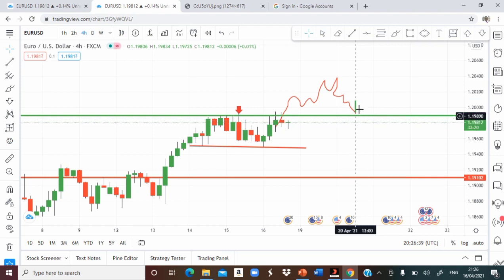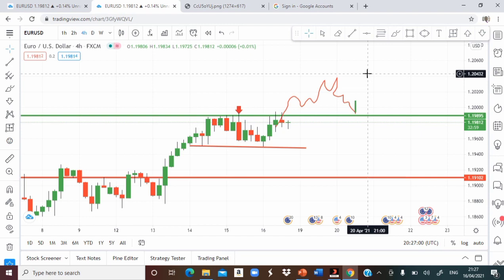If price comes back to test here and does something like this, that is when I would like to buy. I may put a buy stop, put my stop loss down here, and take my profit in the next zone.